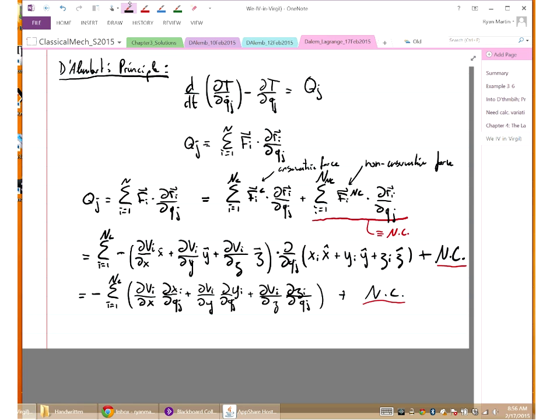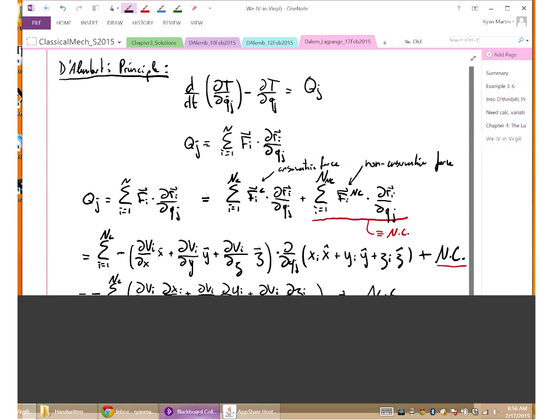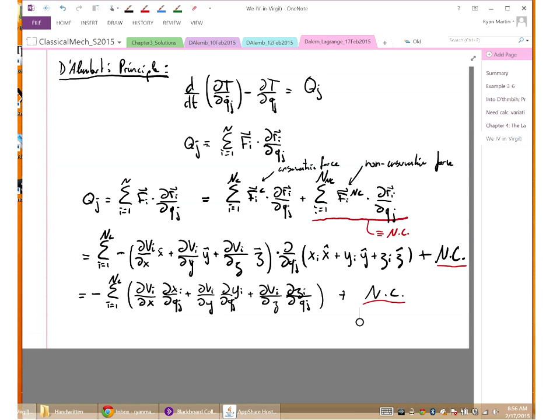Now the indices i on the x's, y's, and z's there are redundant because we're talking about particles, and so all the forces are on the one particle. So if you look at this term, ∂V/∂x ∂x/∂q_j plus ∂V/∂y ∂y/∂q_j plus ∂V/∂z ∂z/∂q_j, that's really the chain rule, right?